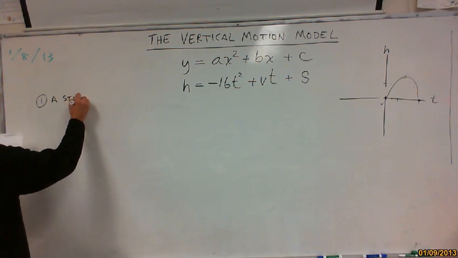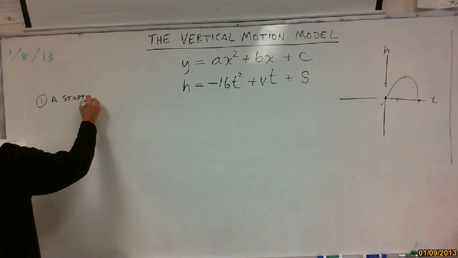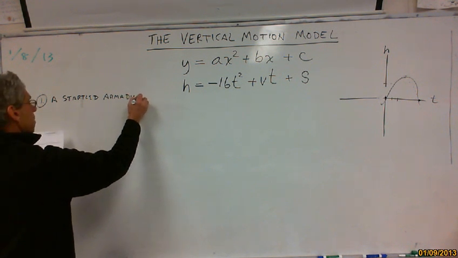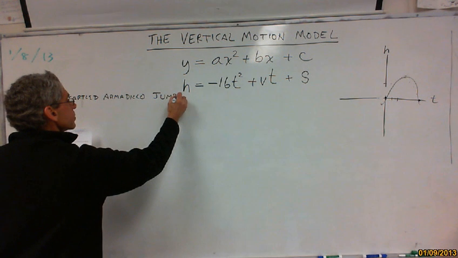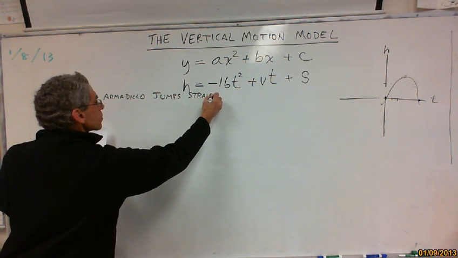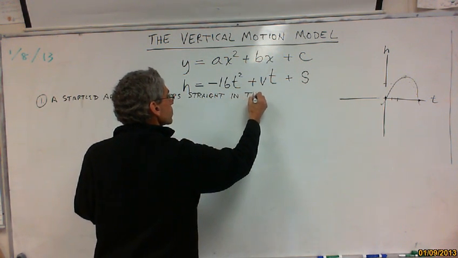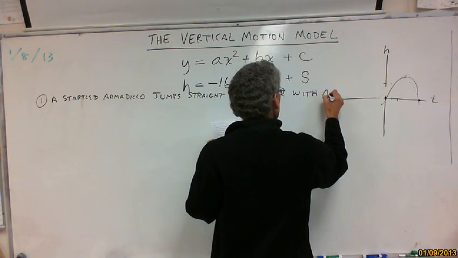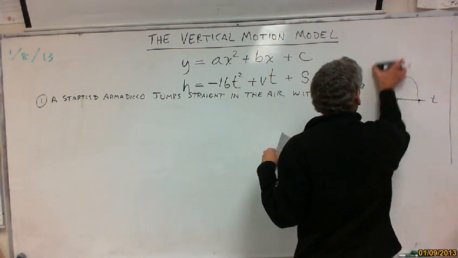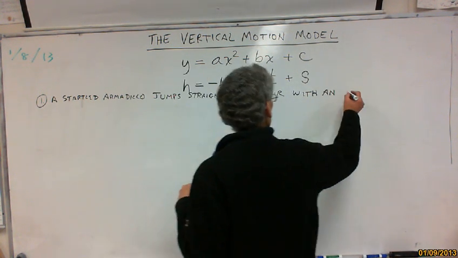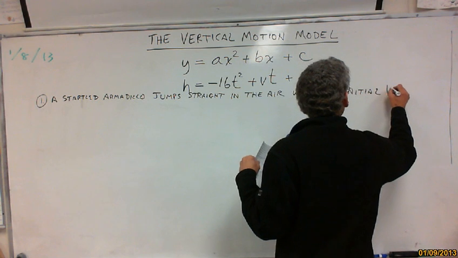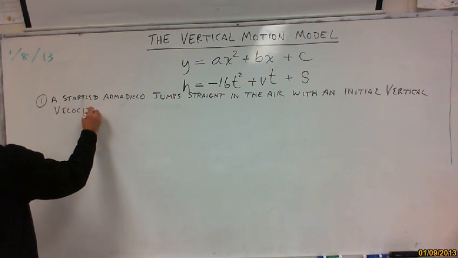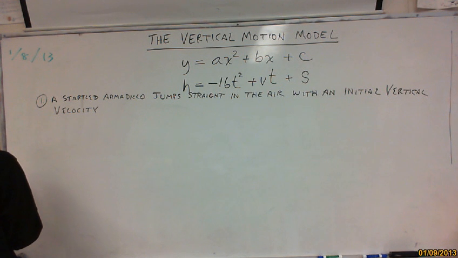Write this down in your notes: a startled armadillo jumps straight in the air with an initial vertical velocity of 14 feet per second.